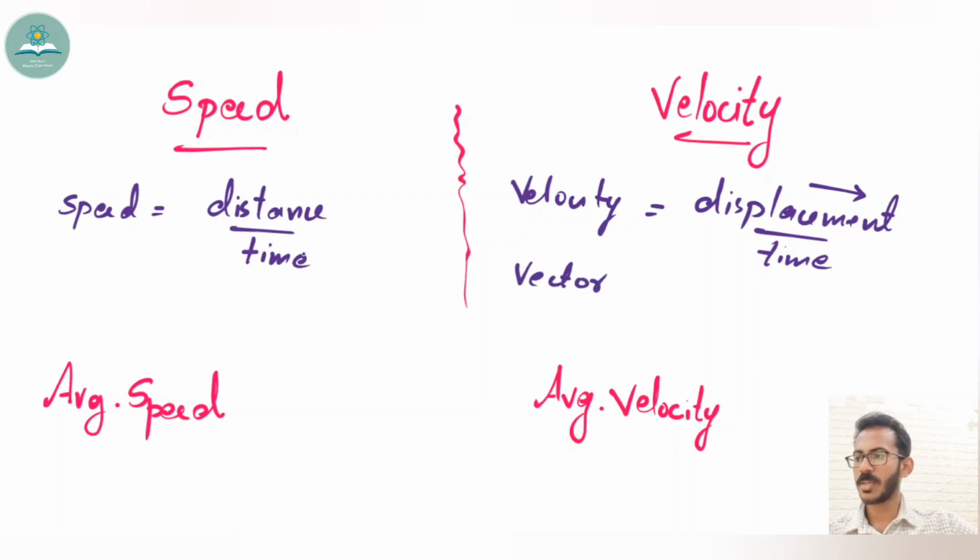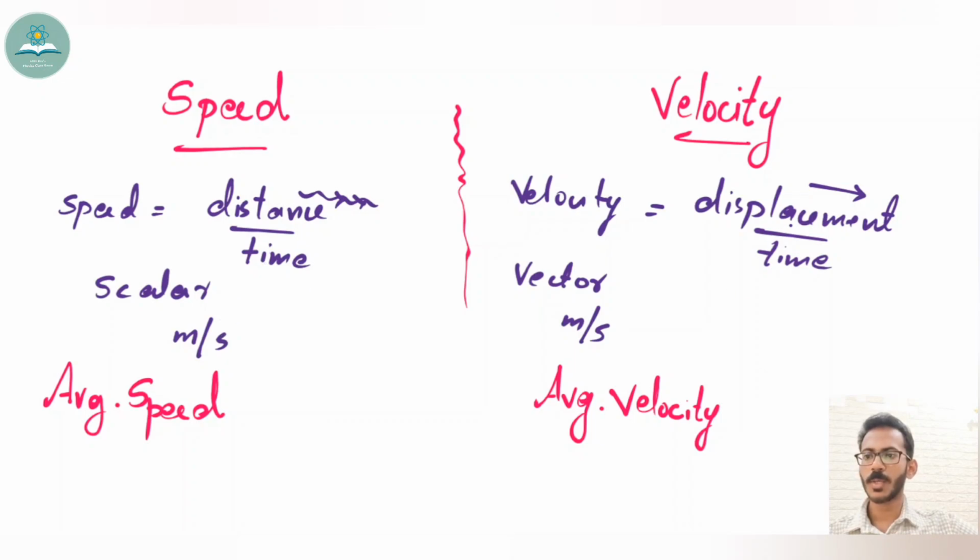But speed is based on distance. Distance will not have a correct direction. Direction will keep on changing. So speed is a scalar quantity. Velocity is a vector quantity. SI unit of speed is meter per second. SI unit of velocity is also meter per second, because here SI unit of distance is meter, SI unit of time is second.